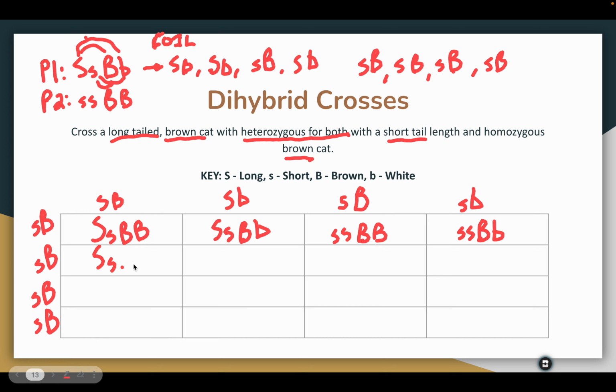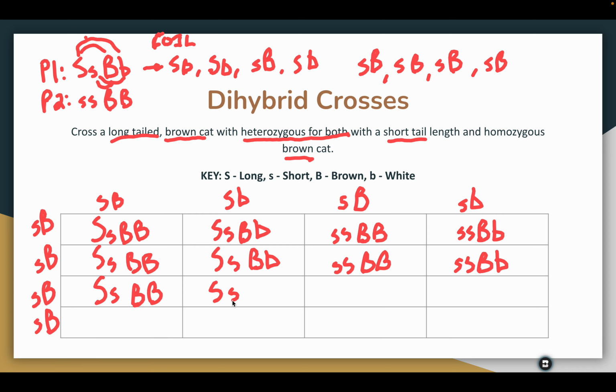And what you'll realize is that sometimes there is a pattern. In this case, you'll notice that as you go down each column, they are going to end up being the same. So again, I'm just writing all of these out just to give us a full visual of what these dihybrid crosses are supposed to look like.